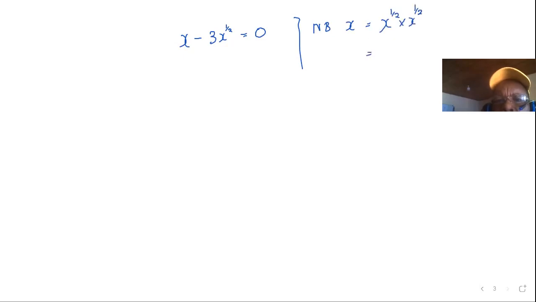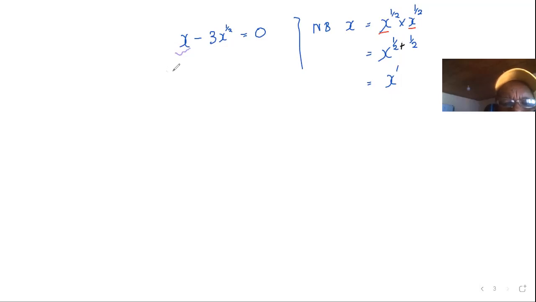According to the law of exponents, the bases are the same. You only write one and you add the indices, you add the exponents. So basically, this can be written in terms of that.